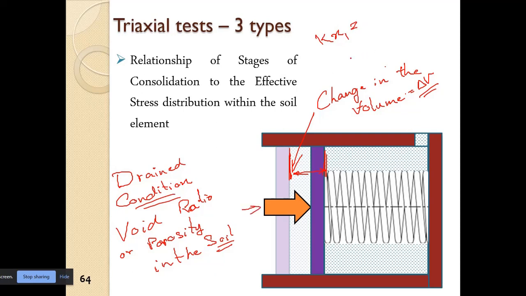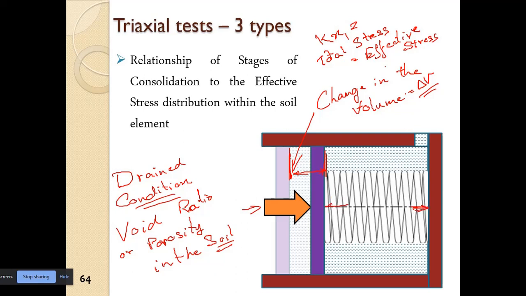So basically we can say total stress is equal to the effective stress in this case. Whatever load is applied is now taken up by the spring, not the water.